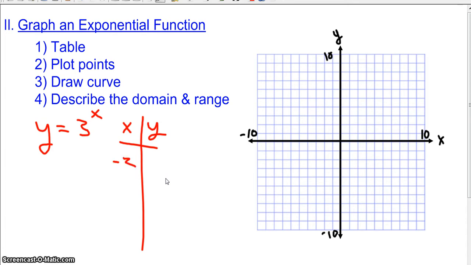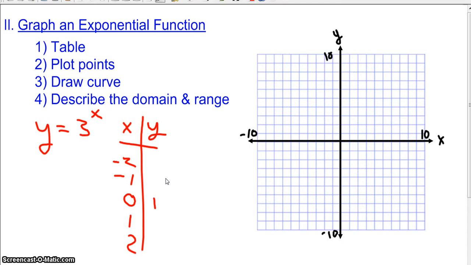We use a couple negatives, 0, a couple positives. And if we put them in order, least to greatest, we should be seeing the pattern that should come out of this, which is what pattern again? Constant multiplication, right? Good. So when we plug in 0, we're using this equation, 3 to the 0 is?